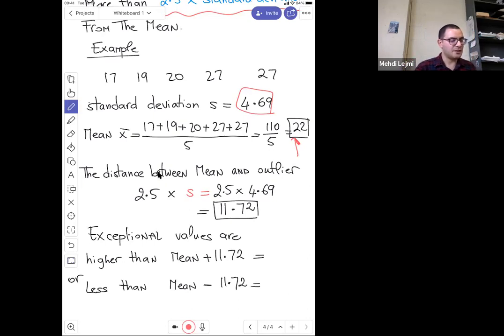In this case, the mean is 22, so 22 plus 11.72 equals 33.72. And 22 minus 11.72 is 10.28.